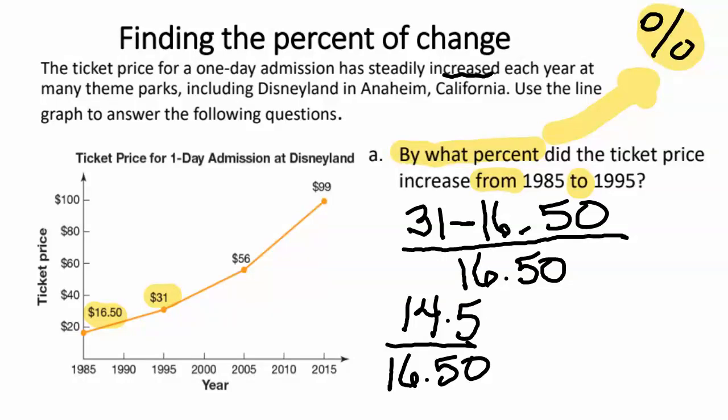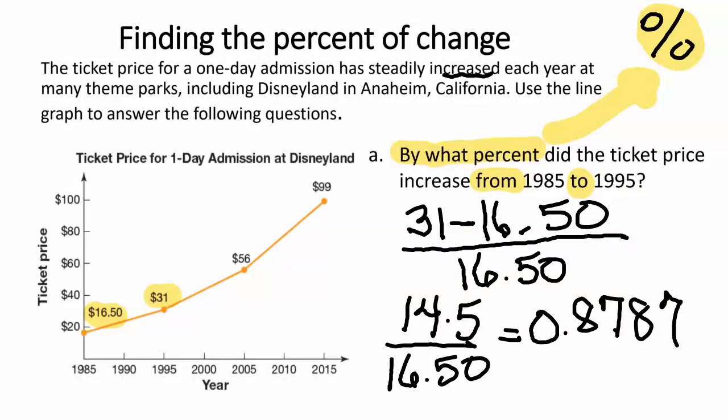Now I'm getting a decimal. This decimal is 0.8787. Now notice it's going to continue. But I have to know to move this decimal place. This decimal is moving here. Now, this 8, okay, so this is 87.8.